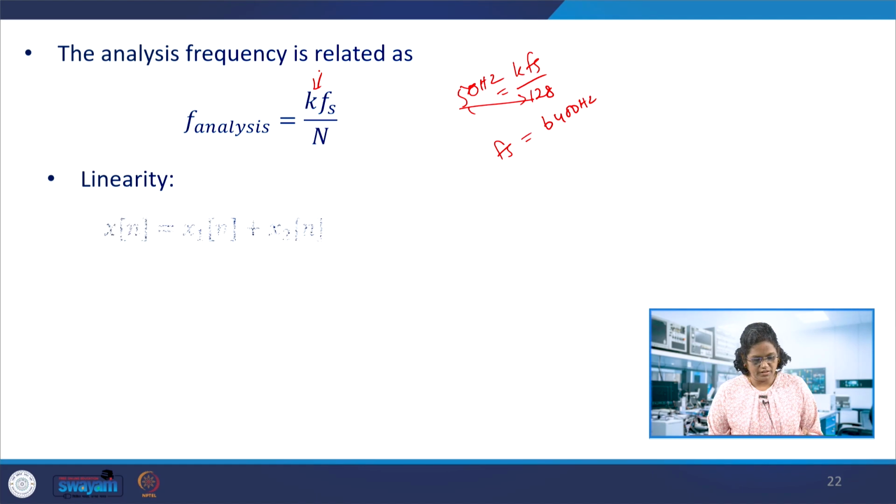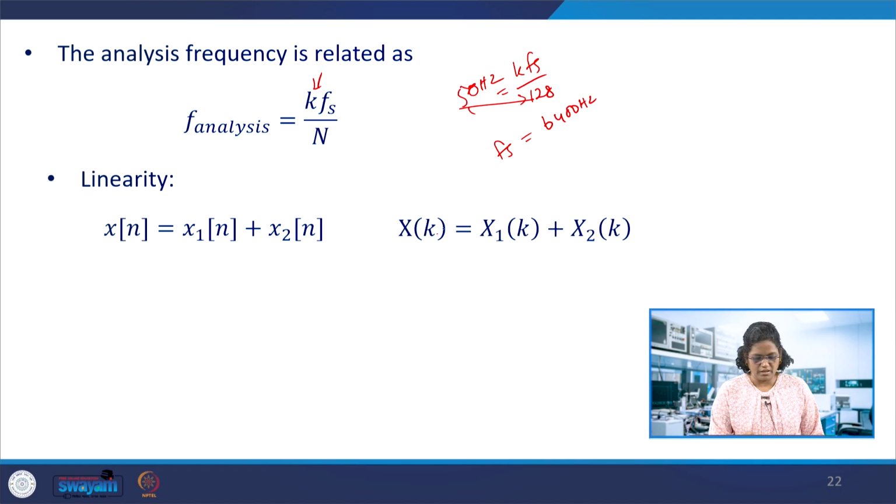The DFT is linear. If we have two signals x1[n] and x2[n], you can take the DFT of x1[n] separately and x2[n] separately and add them. That would be the same as taking the DFT of the sum of the two signals. It's linear.